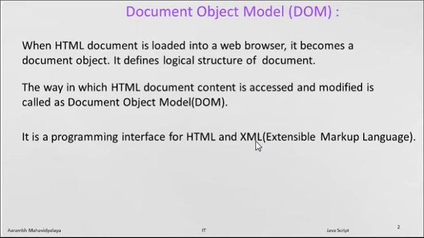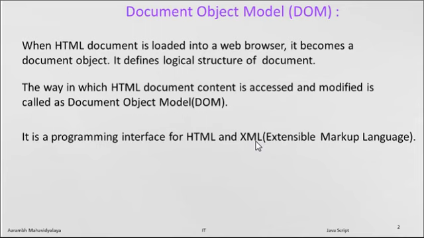Okay. When we load any HTML document, that means any Notepad content with an HTML extension, on a web browser, it becomes a document object. Just like when we run any file on the browser, at that time it becomes a document object. It shows its logical structure.